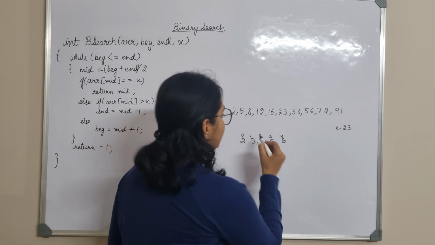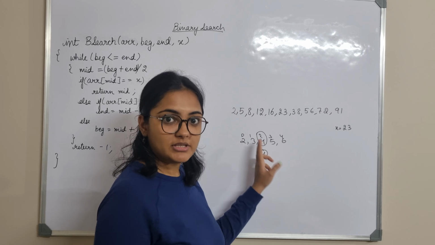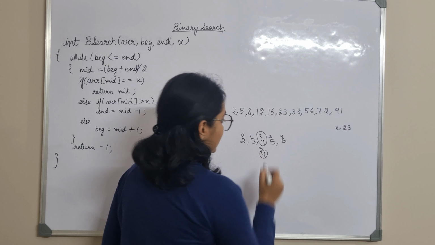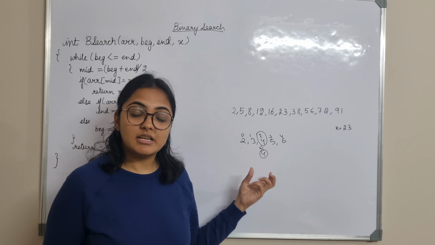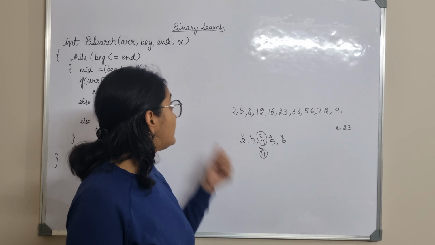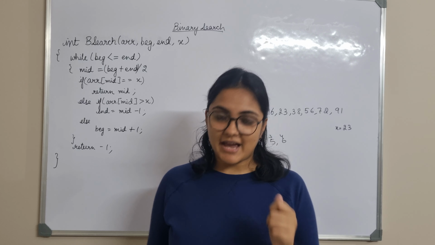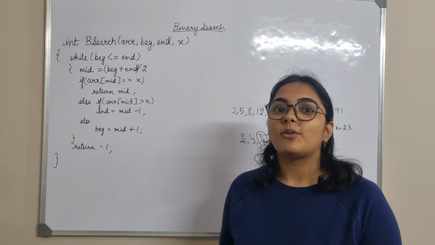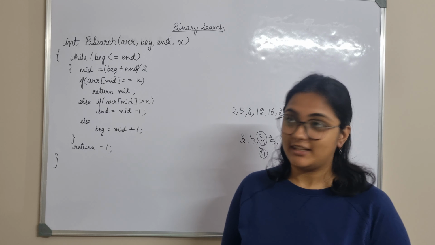As soon as we find it, we return it. We return the position or we return the element, right? So that is called searching. Searching means looking for a particular element in a given data structure. Here the data structure we are talking about specifically in binary search is array. We will talk about why we are talking about arrays and not any other data structure.